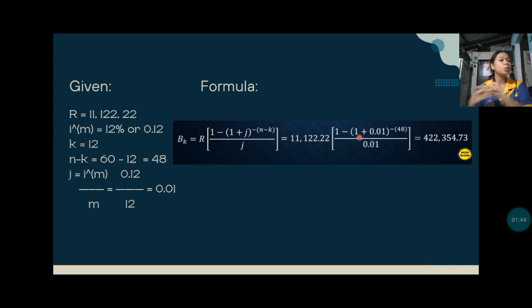When we multiply 12 times 5, it is equal to 60.